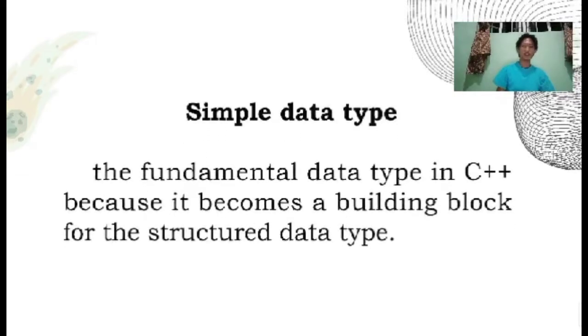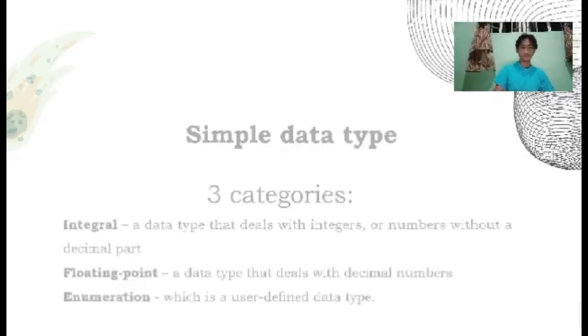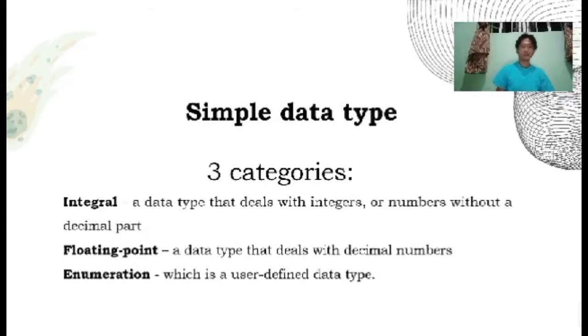Simple data type is the fundamental data type in C++ because it becomes a building block for the structured data type. There are three categories of simple data type. Integral, a data type that deals with integers or numbers without a decimal part.